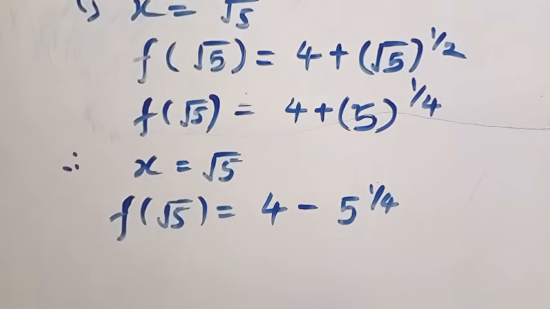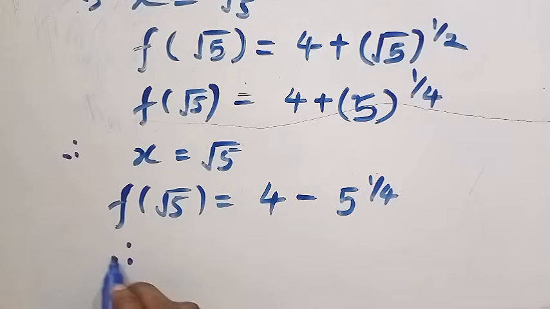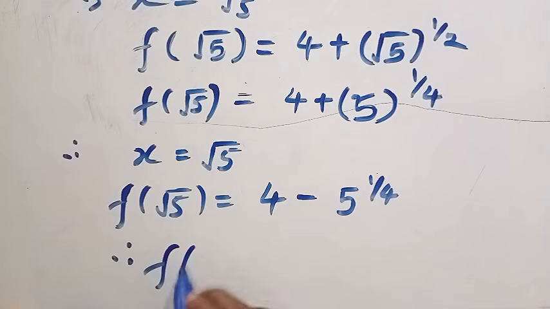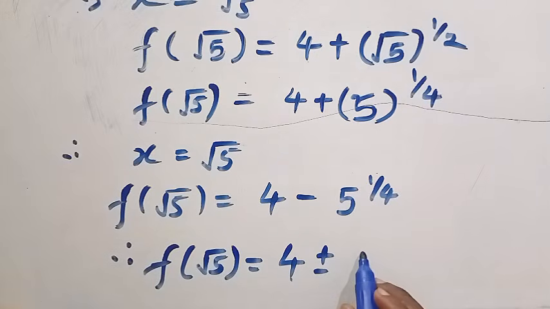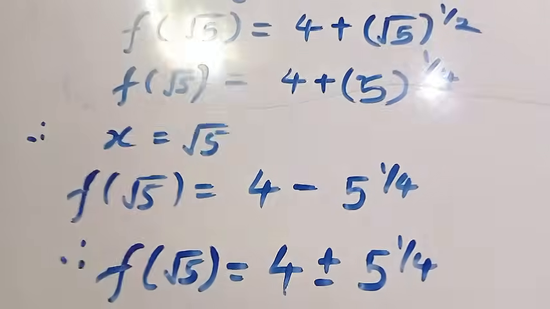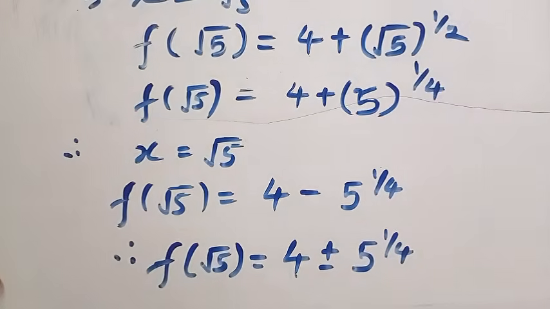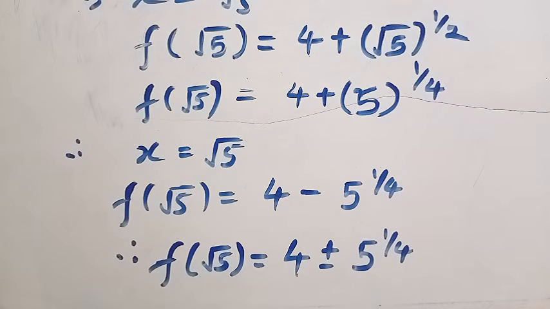Then we can combine these together so that we have f of square root of 5 equals 4 plus or minus 5 raised to the power of 1 divided by 4. So this is what we get for this, and we can actually check if this result is correct.